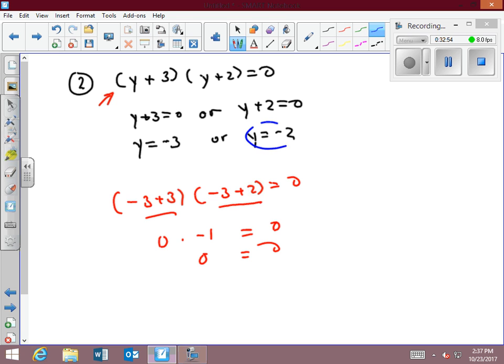If, on the other hand, you put in minus 2, you would have minus 2 plus 3, then minus 2 plus 2 equals 0. This first one would be plus 1, this would be 0, so 0 equals 0, and it makes it a true statement. So there's only two numbers that y can be to make it a true statement. That's all you're solving.